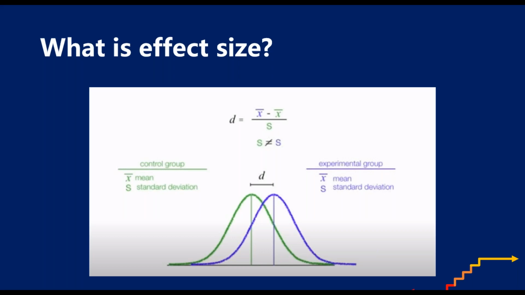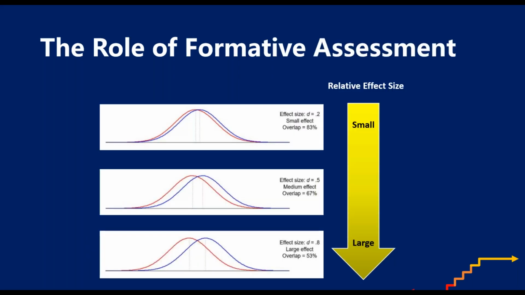In other words, how strong the relationship between treatment and the outcomes is. So this could tell us how effective the treatment is. As you can see in this figure, when the mean difference of both groups gets larger and the area of overlap decreases, then the effect size gets larger.